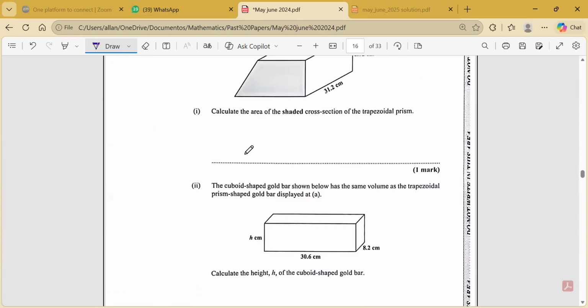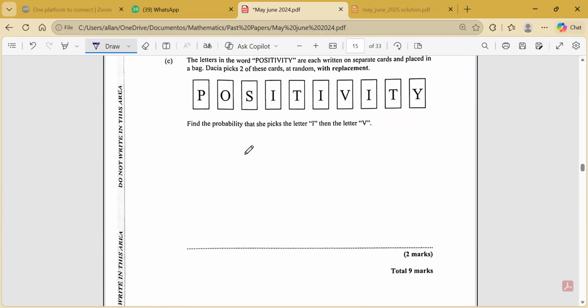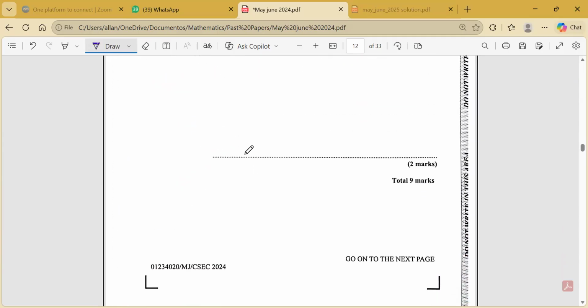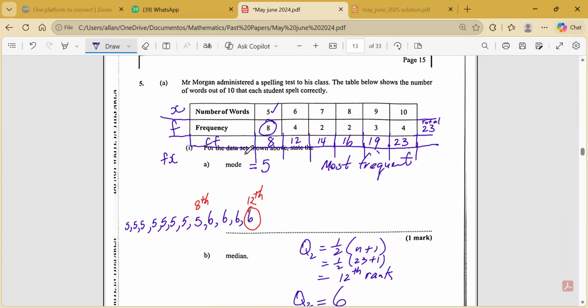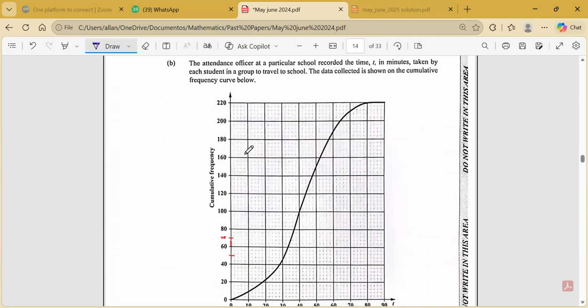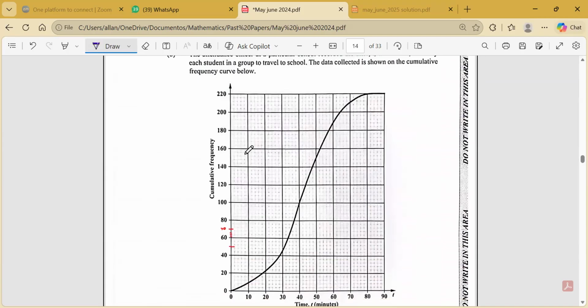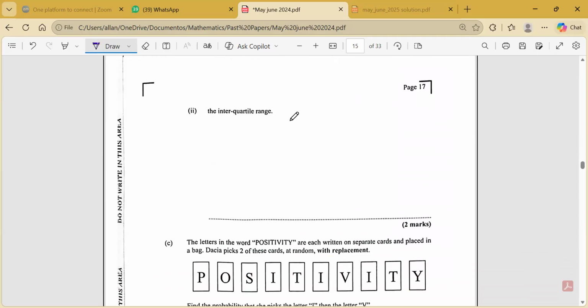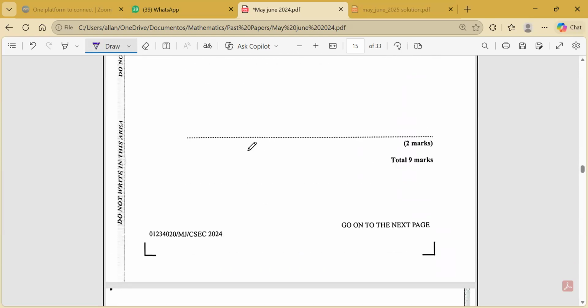Notice CXC is bringing the same sequence. So they're going to bring coordinate geometry, then functions. I want to go over grouped data, just what are the limits, just simple things. We didn't do interquartile range, so we're going to talk about that. This is very important.